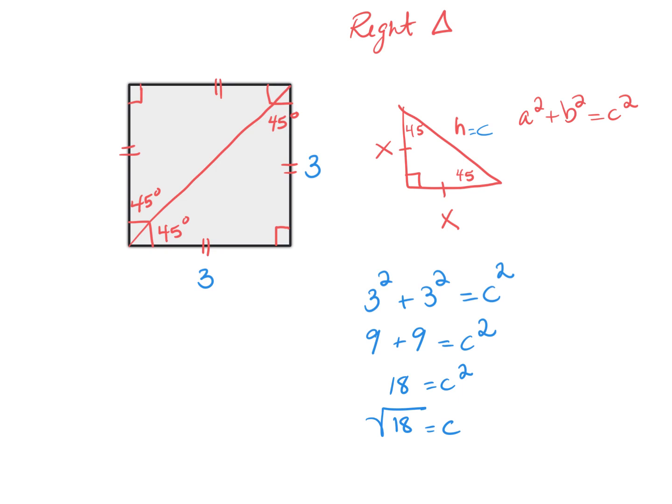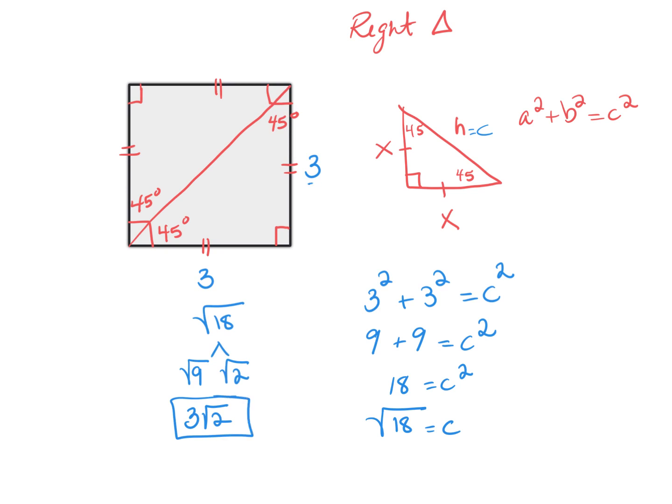But if I reduce or factor the square root of 18 into simplest radical form, that means factoring out as many perfect squares as possible. Now 9 times 2 is 18. Well, the square root of 9 is 3, leaving me with 3 square root 2.